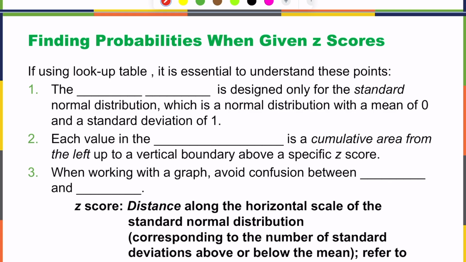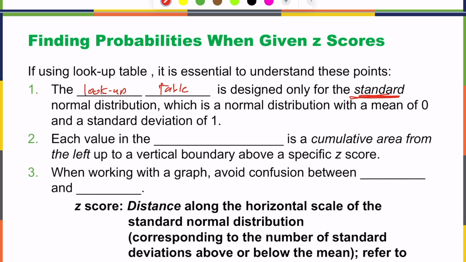Okay, finding probability when given a z-score. First, if using the lookup table, it's essential to understand these points. Okay, first, the lookup table is designed only for the standard normal distribution, which is a normal distribution with mean 0 and a standard deviation of 1.